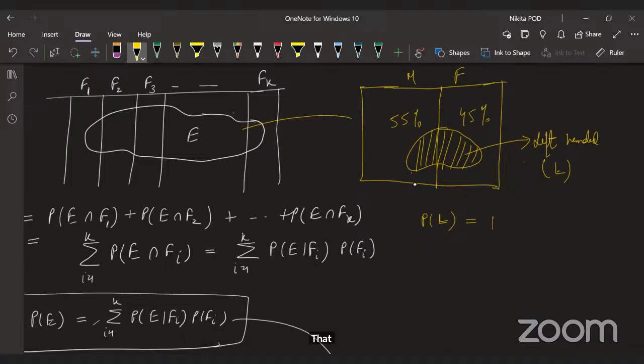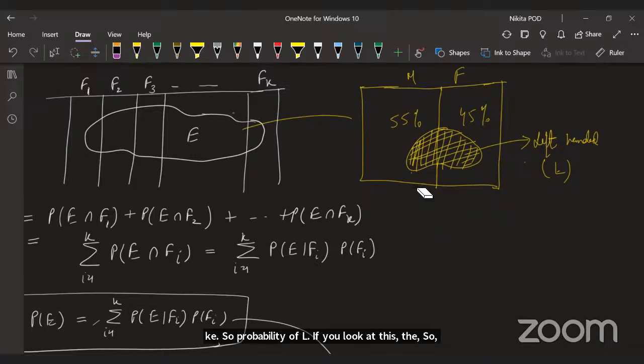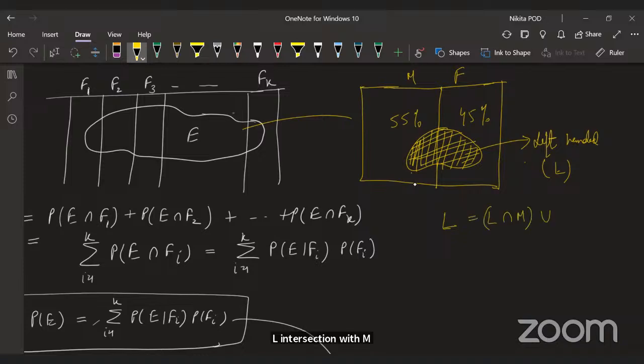So you can write L as L intersection with M union L intersection with F. And since M and F are mutually exclusive, L intersection M and L intersection F will also be mutually exclusive.